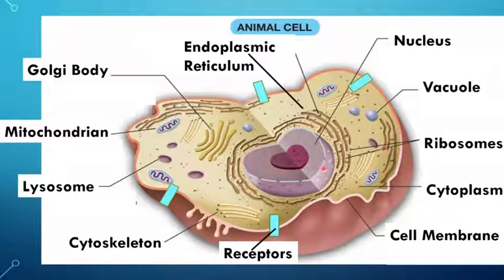So the messenger goes out, and it's a message that's going to tell the ribosomes to make insulin. And the ribosomes will make proteins, so it's going to make the insulin. And it puts the protein in these tubes. And these tubes that you're seeing here, those are the endoplasmic reticulum. So the protein ends up in those tubes.